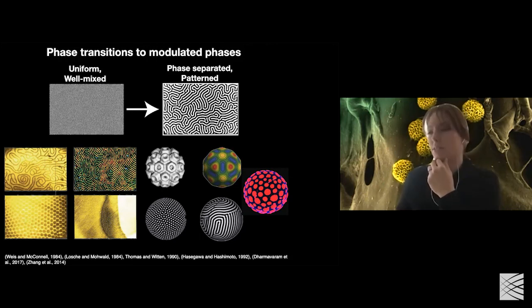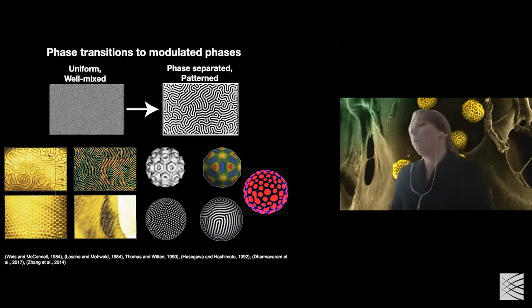You can also see it in systems describing similarly diblock copolymers, but on spheres. And then finally, a really cool application, we work with a lot of people that do this, is for lipid rafts. So this is a fluorescent image of these sort of high density lipid domains found on top of a giant vesicle.